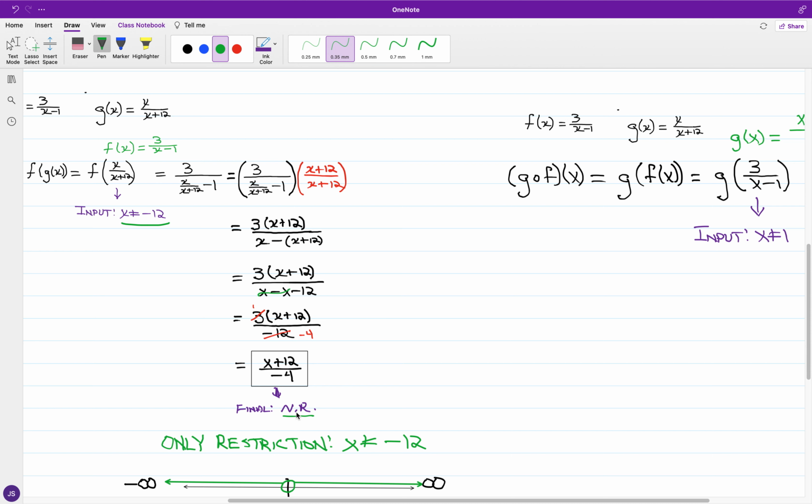But what I mean by no added restriction is that I could have had a different exclusion. Over here, x could not be negative 12 because I have x plus 12 on the bottom. But if I had the right combination of functions where the final composition might have, let's say, x plus 6 on the bottom, you would have a second exclusion where x could not be negative 6, and you would have not one but two exclusions from the domain.